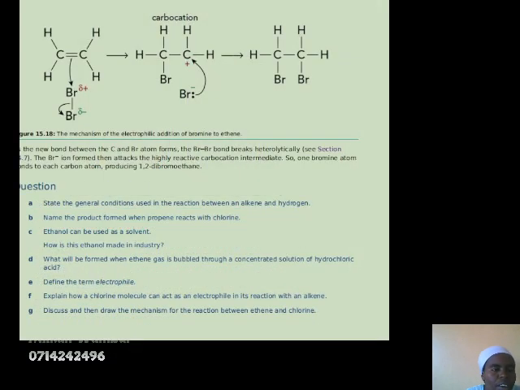So there you have the reaction mechanism, where you have the high charge density between the carbon-carbon bond. The electrons from the double bond attack the hydrogen, and the bromine carries away the other electrons. Then the bromide will attack the carbocation with a positive charge, forming 1,2-dibromoethane.